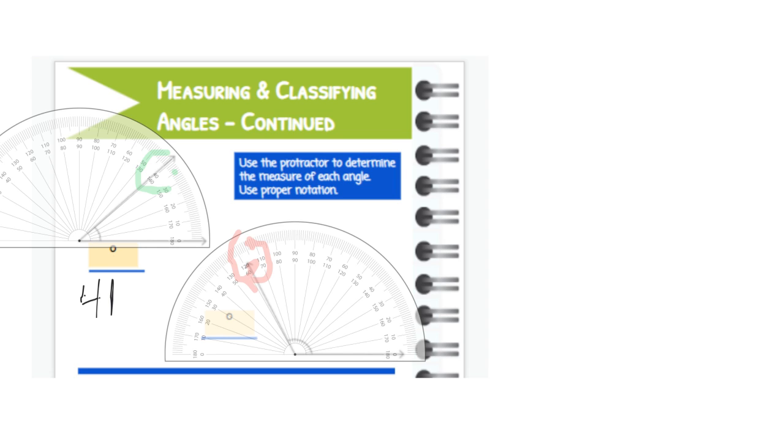So in your yellow text box right there, you would want to type in 118 degrees. Okay, and that's measuring your angles with a protractor. We have one more slide to go. That'll be coming up next.